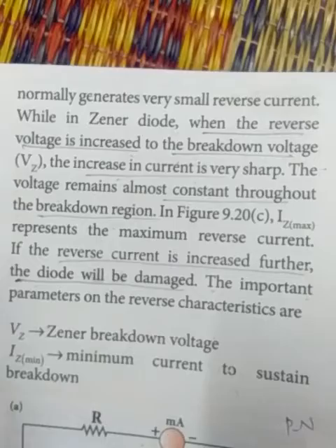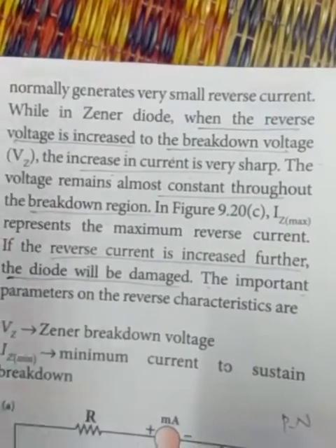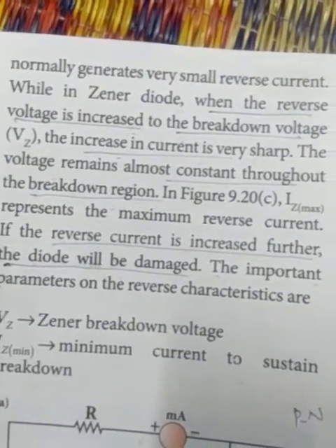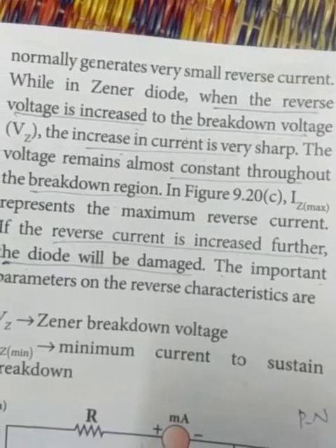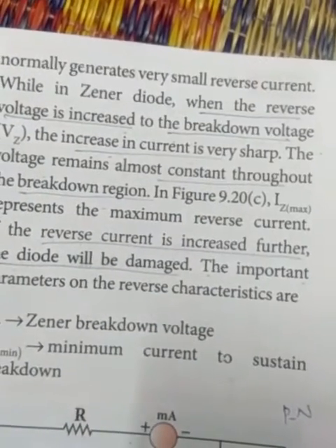But in the Zener diode, when the reverse voltage increases, the reverse current increases, and at the breakdown voltage the increase in current is very sharp.